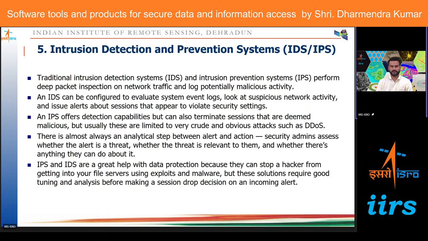Traditional intrusion detection and prevention systems perform deep packet inspection, called DPI, on network traffic and log potentially malicious activities. The IDS could be configured to evaluate system event logs, look at suspicious network activities, and issue alerts about sessions that appear to violate the security settings.